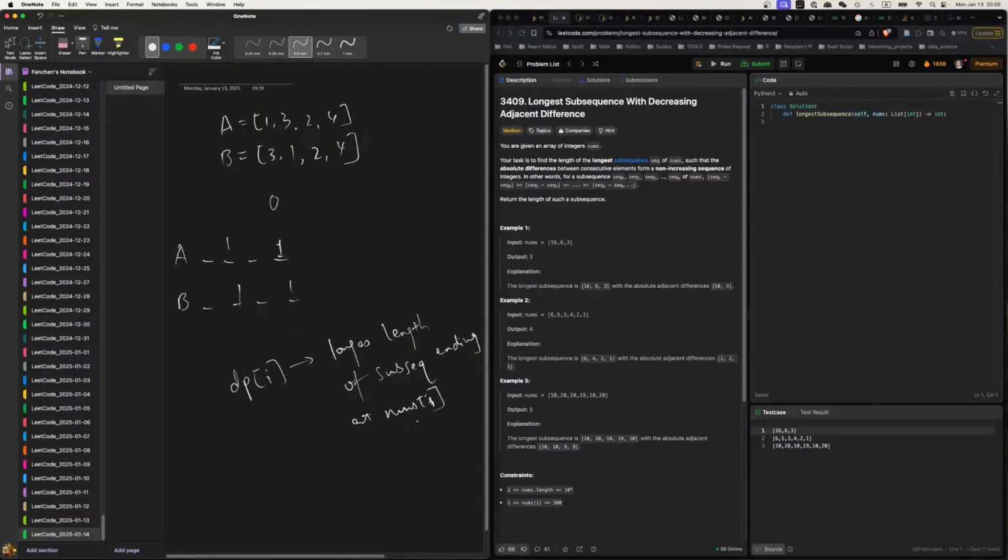So for nums i plus 1, what we do is you grab the number. Oh, and it's not just the length, but also the difference. So you have the length and the absolute difference. So we have two things, the length and absolute difference, that's ending at here.